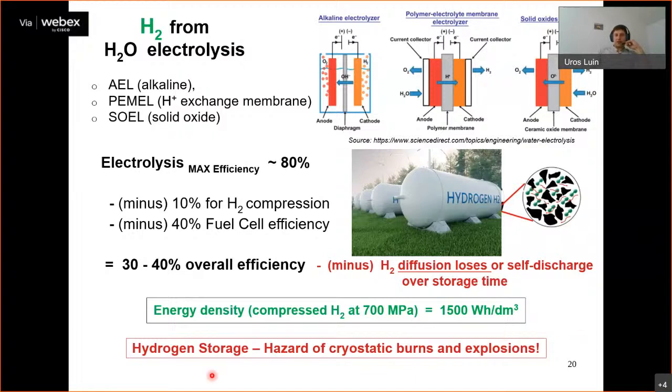However, hydrogen storage also presents some hazards because of cryogenic burns and explosions that could happen. But in the end, if we compress the hydrogen to 700 megapascals, we will get quite good energy density, as you can see here, 1,500 watt-hours per liter.